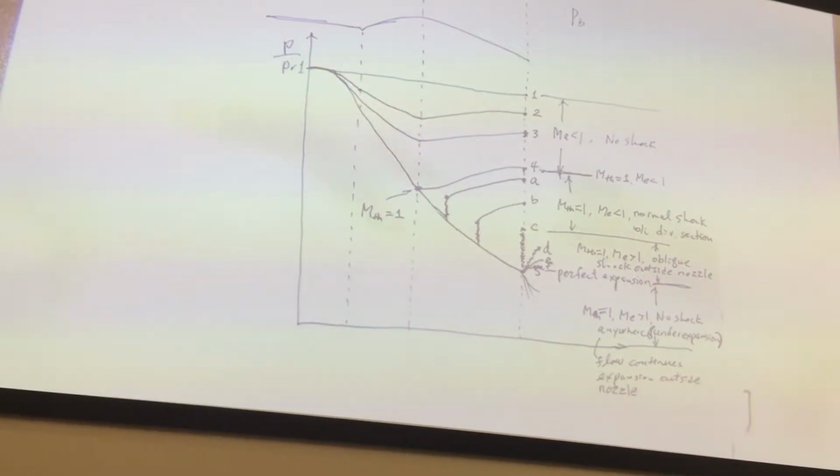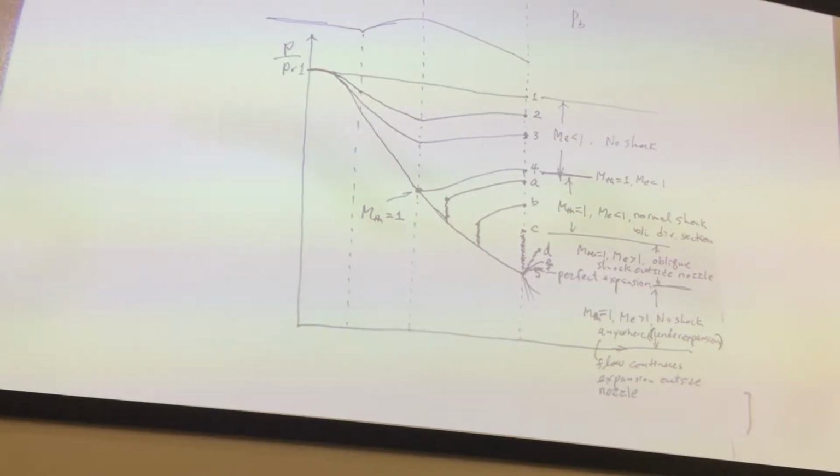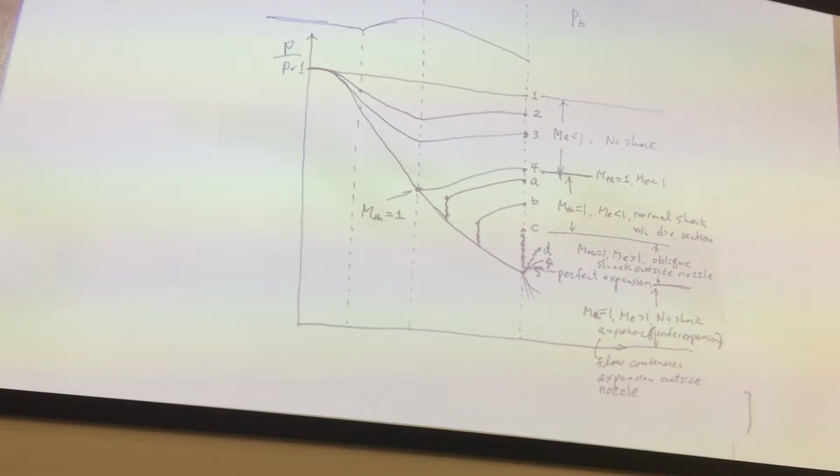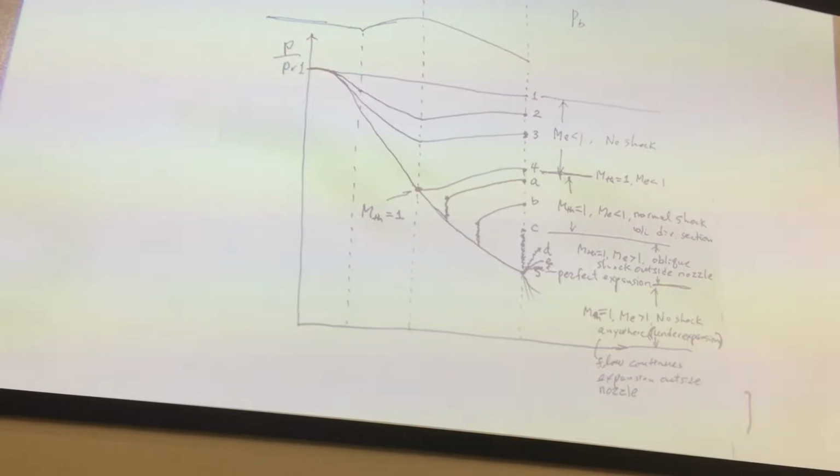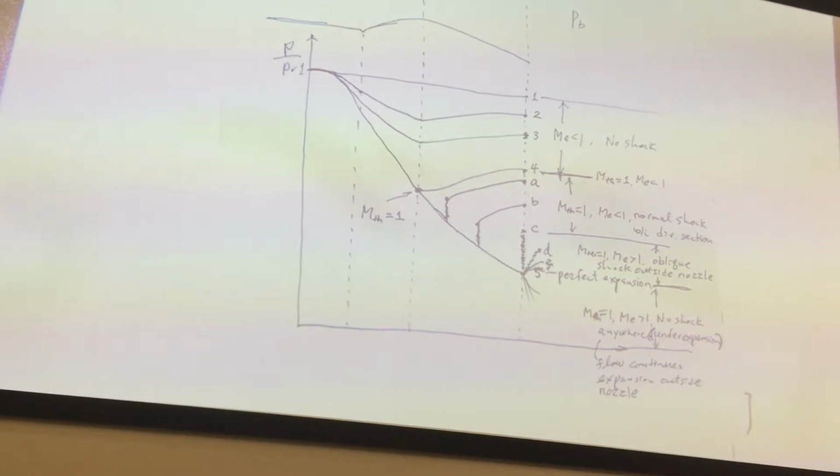If you have a supersonic inlet, it is possible that your flow will have supersonic flow. Remember, Mach number is a function of area also, right? So now if I'm pushing the flow through a nozzle, like using a reservoir, that means I'm going from subsonic flow all the way down to possibly Mach equal to 1 in the flow.